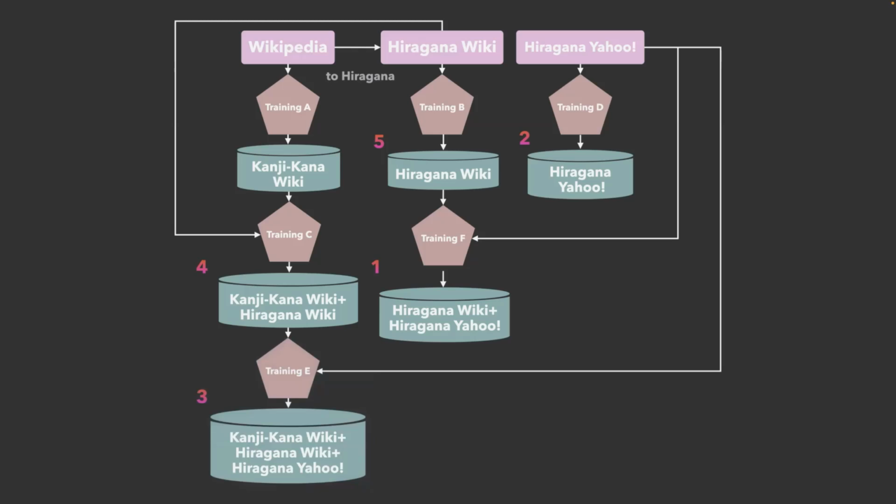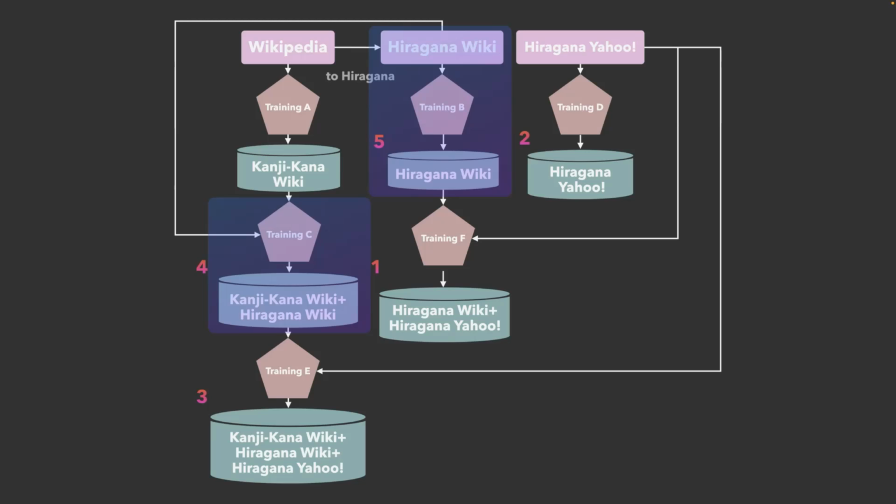Continuing with the discussion of these results. First of all, between the Kanji Kana Wiki plus Hiragana Wiki model and the Hiragana Wiki model, the accuracy of the Kanji Kana Wiki plus Hiragana Wiki model was higher, because it was fine-tuned from the Kanji Kana Wiki model.